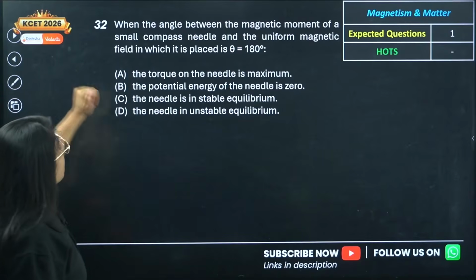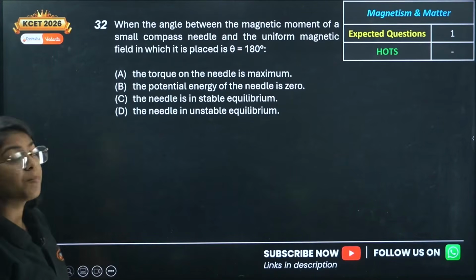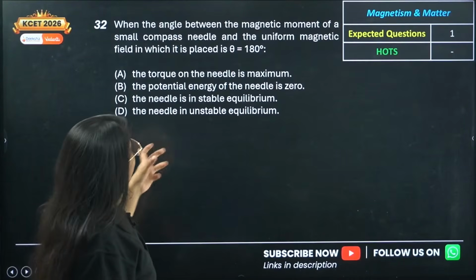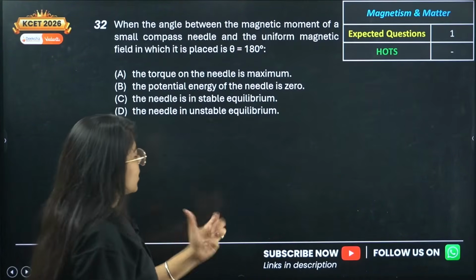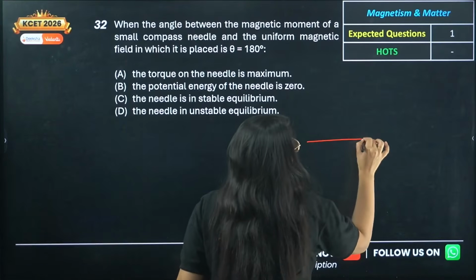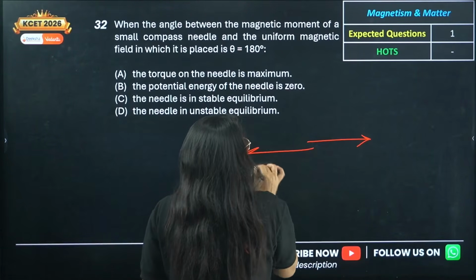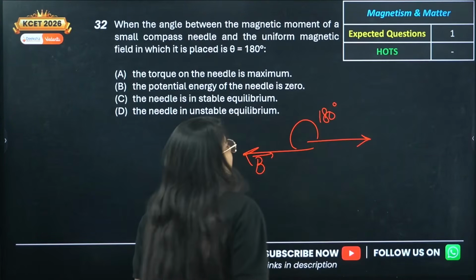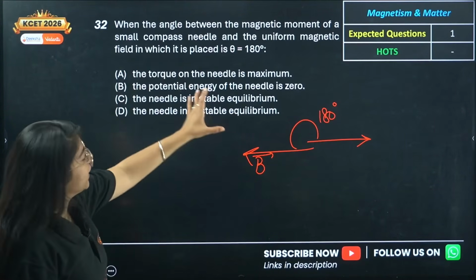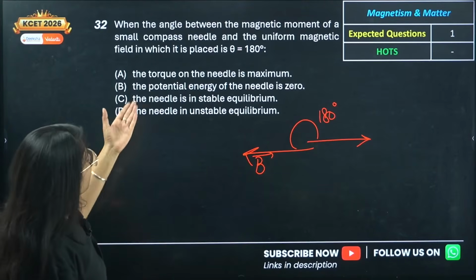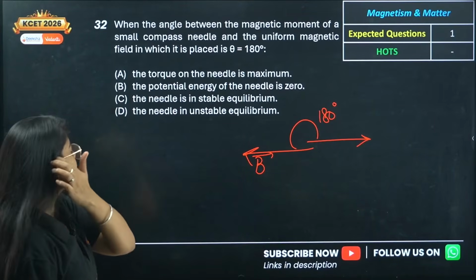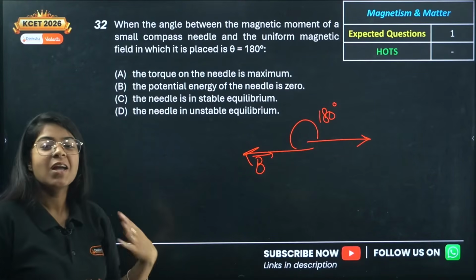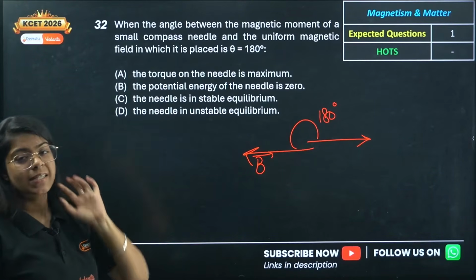32nd question says, when the angle between the magnetic moment of a small compass needle and the uniform magnetic field in which it is placed is 180 degrees, that means needle is in this direction, magnetic field is in this direction, and their angle is 180 degrees. Then the torque on the needle is maximum, the potential energy of the needle is 0, the needle is in stable equilibrium, or the needle is in unstable equilibrium.